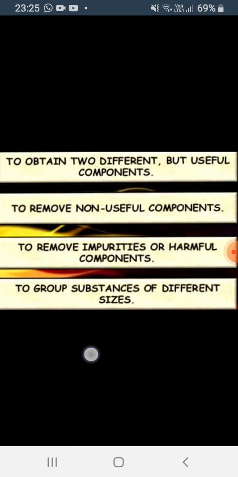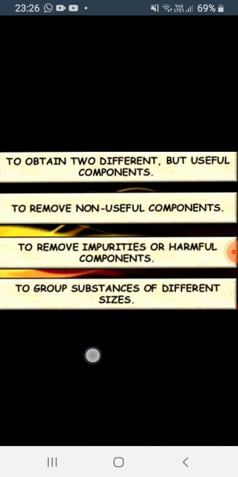Now, as you all know, what is a component? The substance that is used to make a mixture is known as a component, and we separate these components from the mixture for these following reasons. And also we discussed different methods of separation. Now the components cannot be separated from the mixture by using a single method.